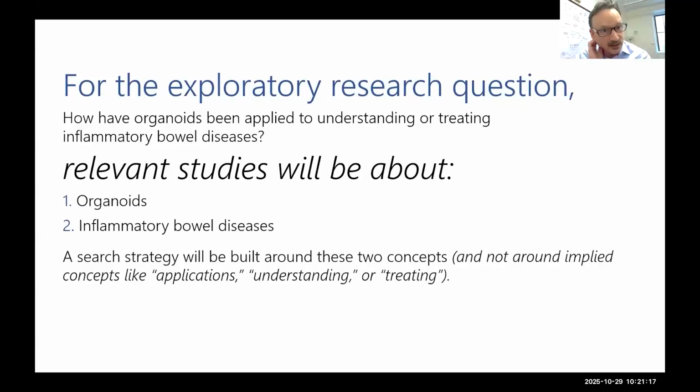And so an example here, even with this short exploratory research question that has some pretty clear elements in it, you don't want to create concepts in your search related to implied concepts like applications, understanding, or treating. So, if someone's going to do research related to inflammatory bowel diseases and organoids, it really is implied that they're doing that so they can understand things or that they can treat that disease, and that in effect, actually, organoids are an application.